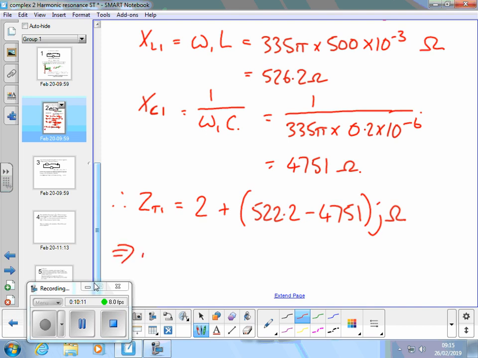So if we convert that to polar, you can do that in one go without doing that subtraction first. What do we get? 4225 ohms, angle.